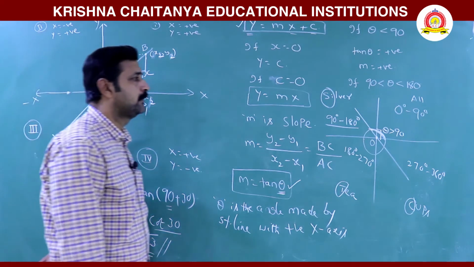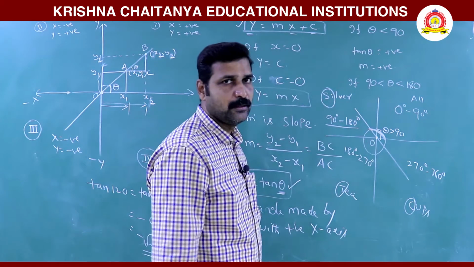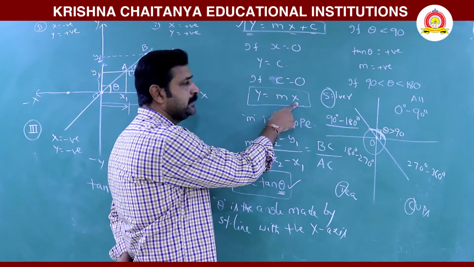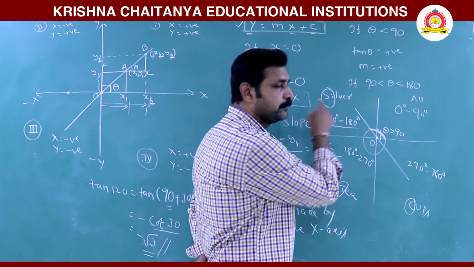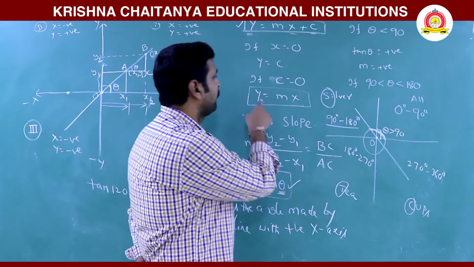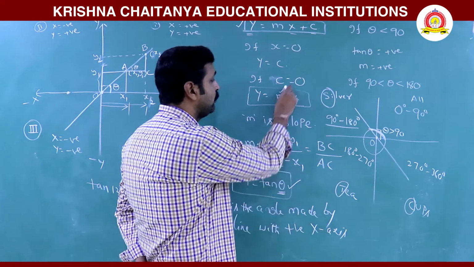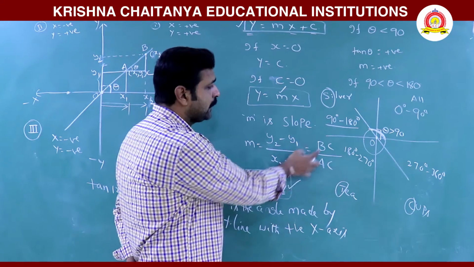That means for this graph, the expression is y is equal to mx, since it is a straight line passing through the origin. Now m is the slope, which is tan theta.